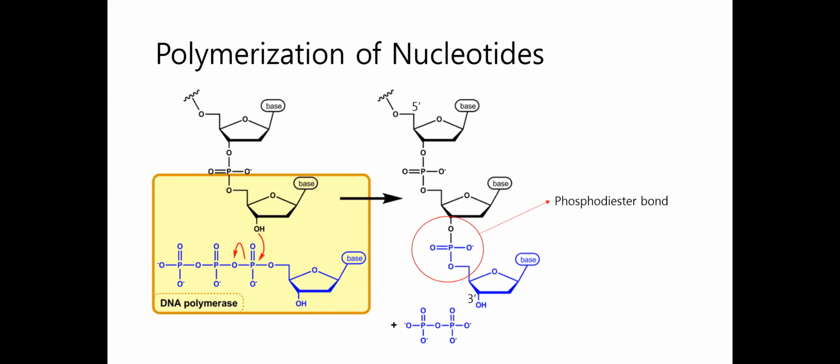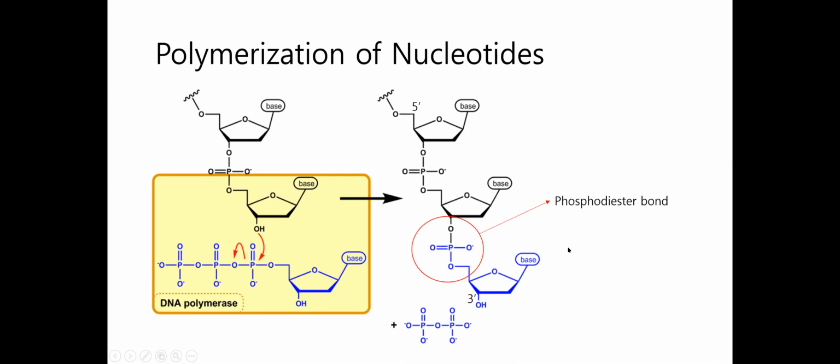Okay, I will explain Sanger sequencing. Sanger sequencing uses the chain termination principle. This picture shows the polymerization of nucleotides. We saw this picture on Monday. The 3' hydroxyl group and the triphosphate group on the 5' carbon bind together and make a phosphodiester bond.